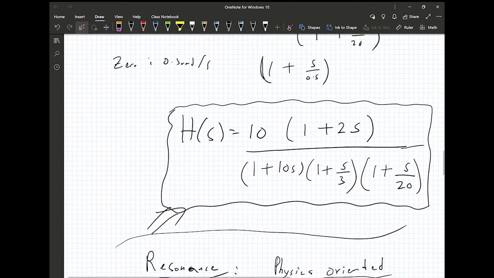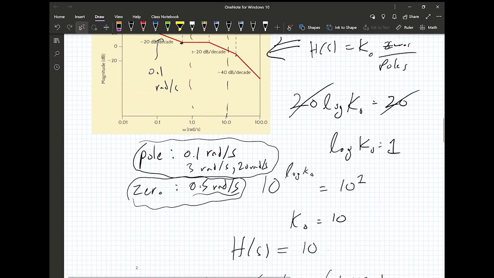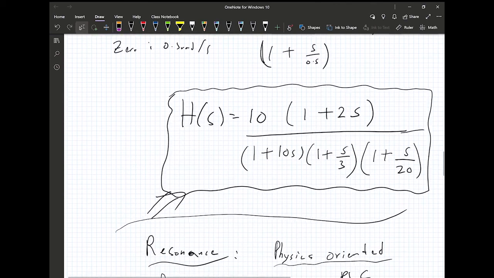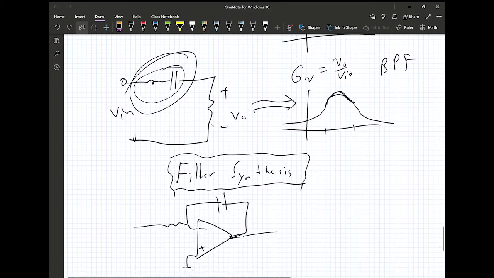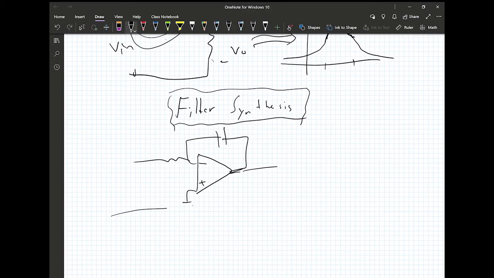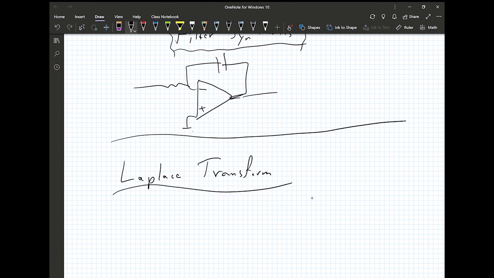But having said that, the most important part of this chapter is the Bode plot technique. So I would rather you spend time practicing this technique of plotting the frequency response. So now we want to move on to the more important topic, which is the Laplace transform and its application to circuit analysis.